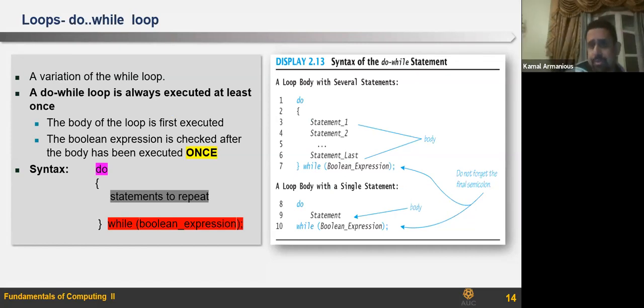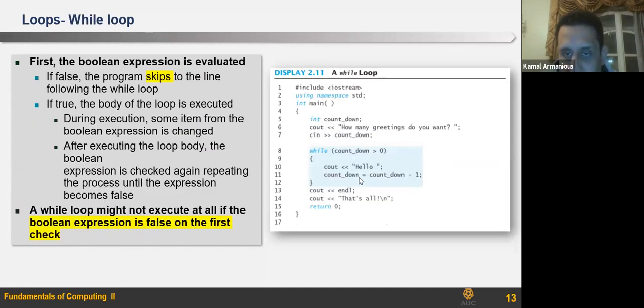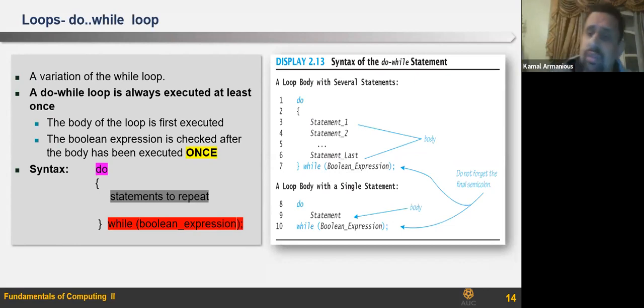So the statements after the while loop, this cout hello or countdown equal countdown minus 1, may not be executed at all. It will be executed 0 times if countdown is a negative number. However, in the do while, it will be executed at least once.